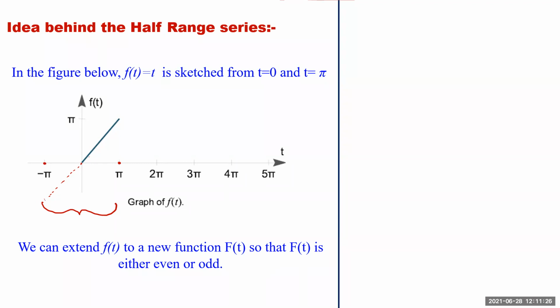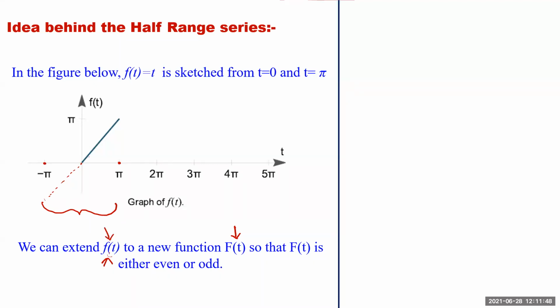Like this, somehow we can extend the given function in the interval minus pi to 0, so that the new function, I'm taking the new function as capital F of t and the original function as small f of t, right? Whatever you are given in the question is small f of t. In fact, the question is to find out the Fourier series of small f of t.